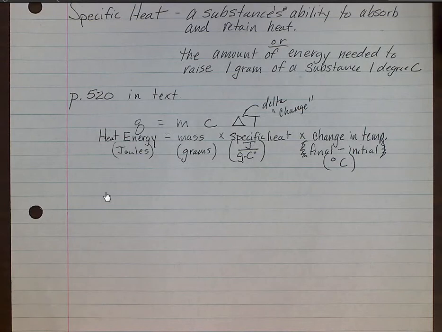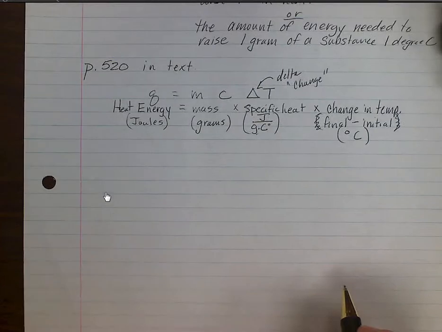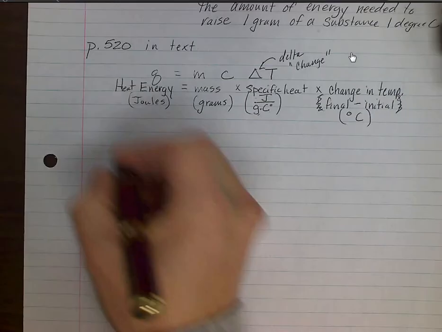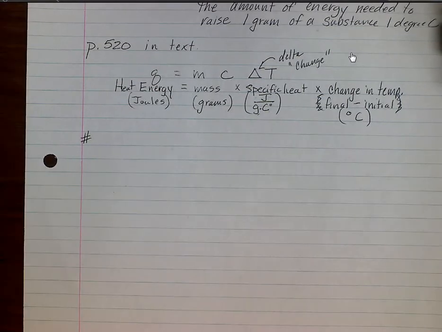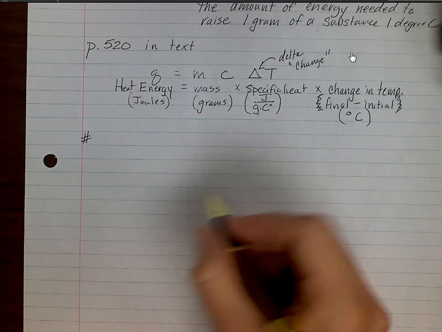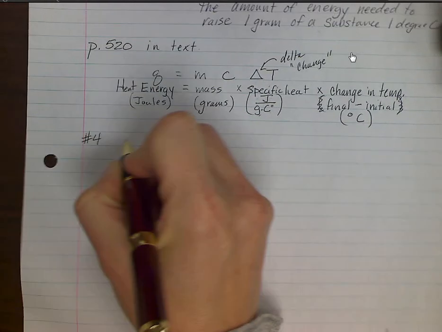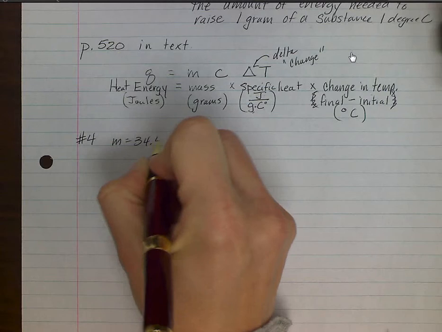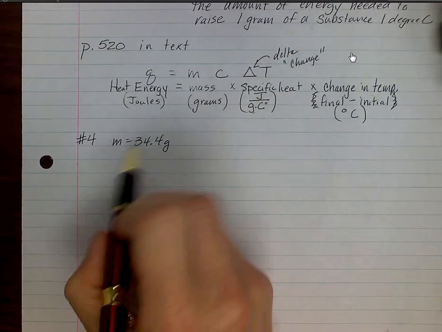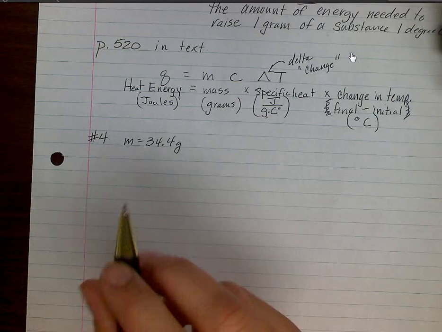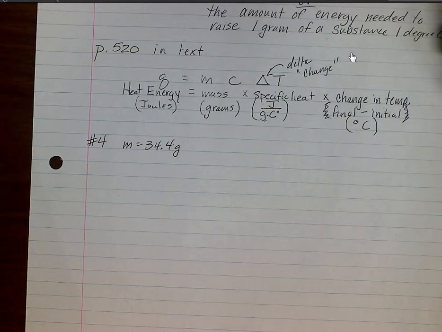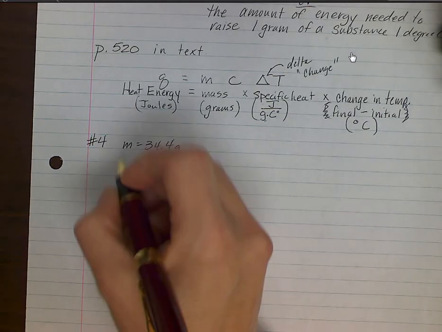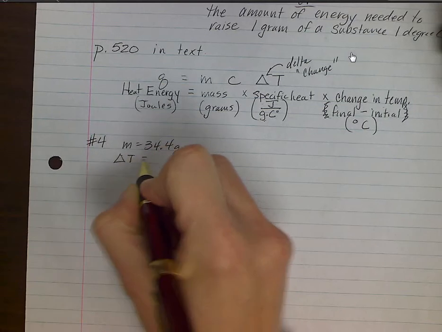Here's number 4. First you want to identify what's in the problem. It says the temperature of 34.4 grams of ethanol, so that's our mass. I do expect you to identify the variables. This is a problem-solving strategy that's going to help you work problems later in the course. It's ethanol, and it increases from 25 degrees Celsius to 78.8. So our change in temperature is going to be the final temperature minus the initial temperature.